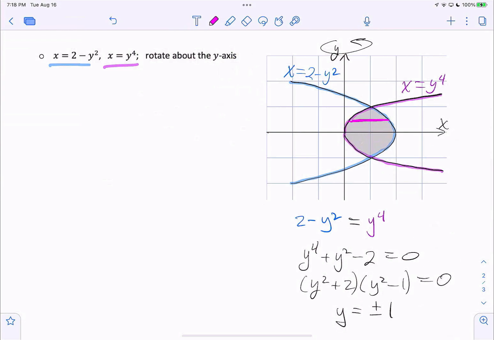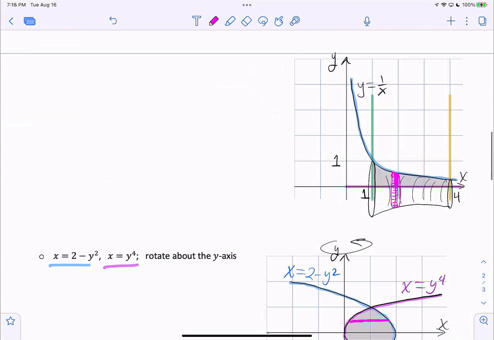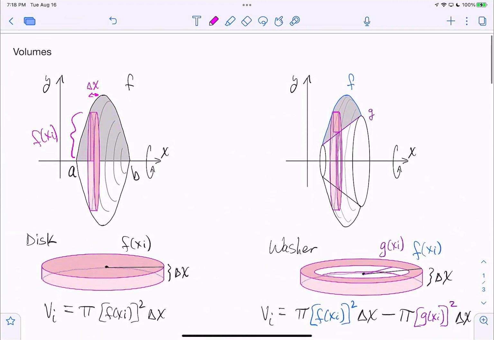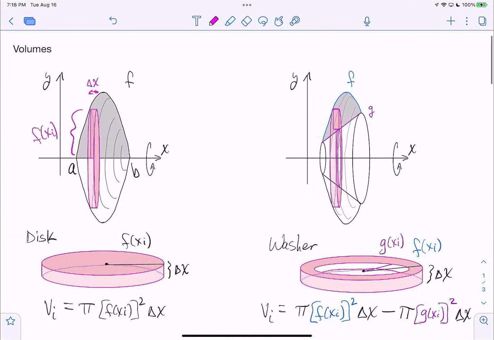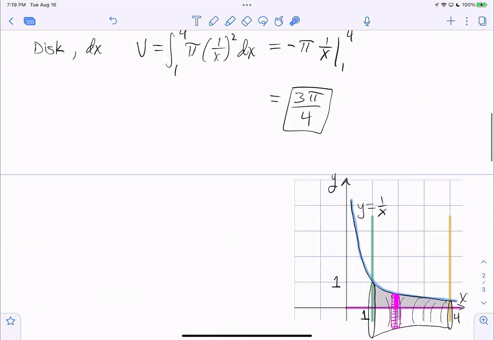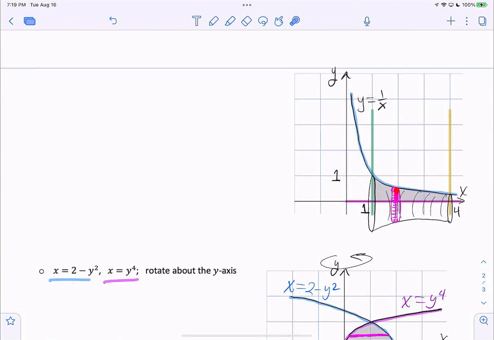I haven't really mentioned this already, so I'm going to take a moment and mention it now. For all these rotations that we're doing in this series of videos, the representative rectangle is perpendicular to the axis of rotation, even if there's a gap. In the previous example, the representative rectangle was perpendicular to the axis of rotation.